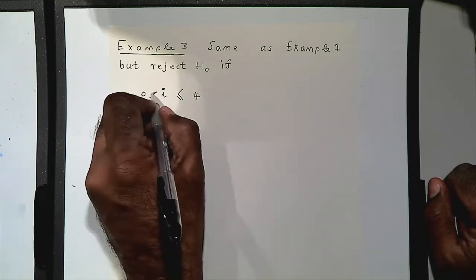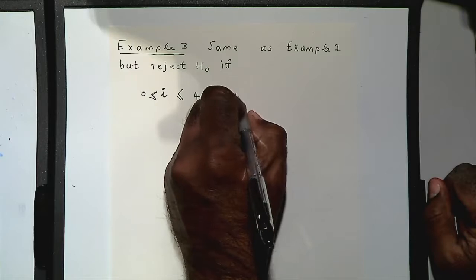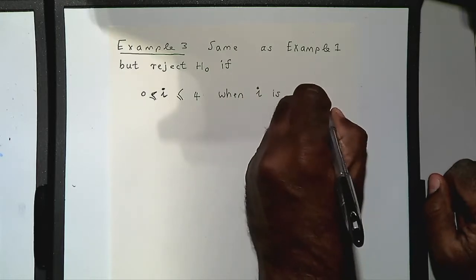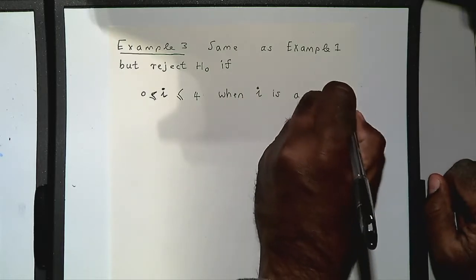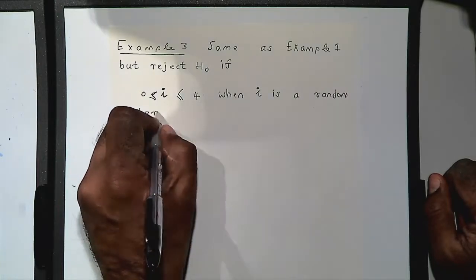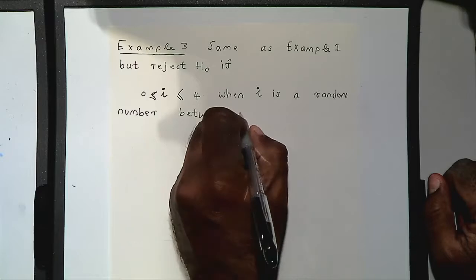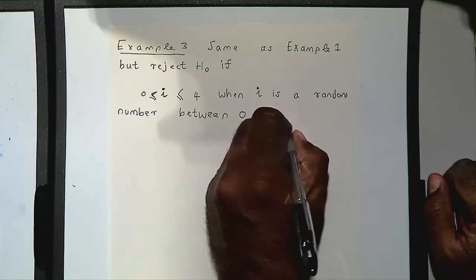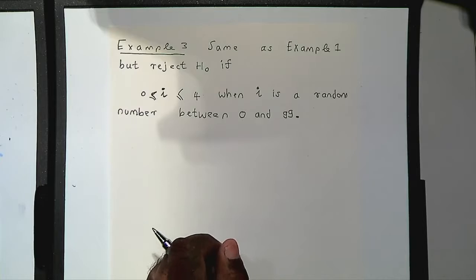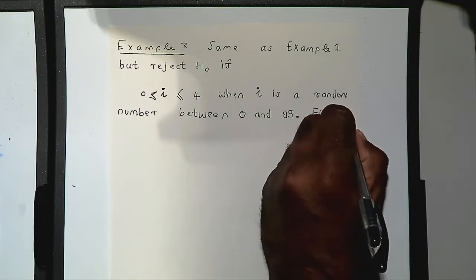This is I, so this letter I. Okay, and the question is the same as before, find beta.